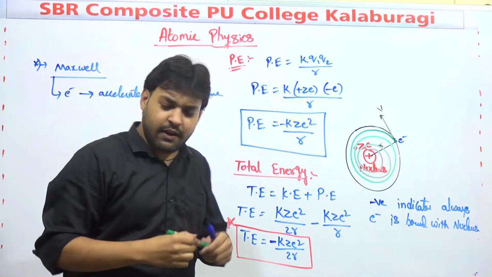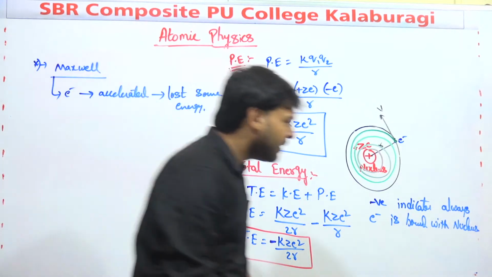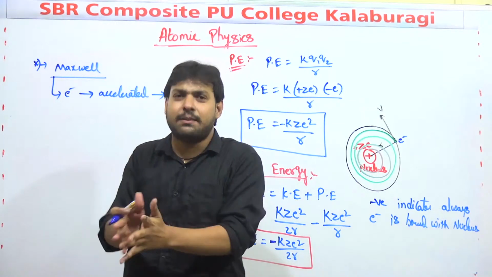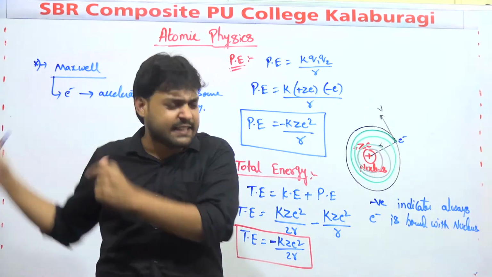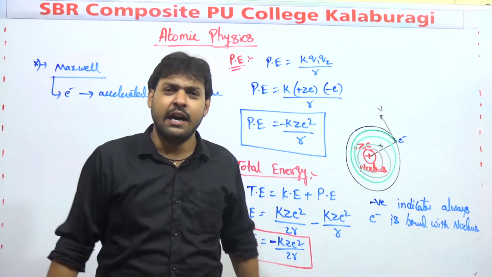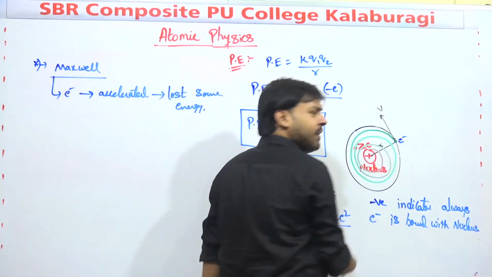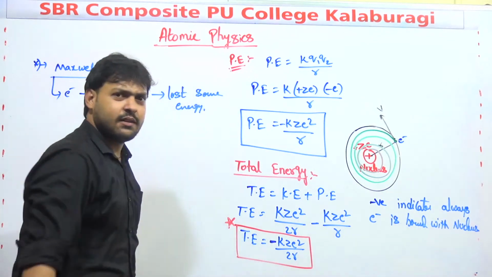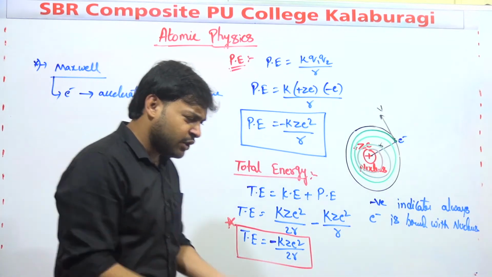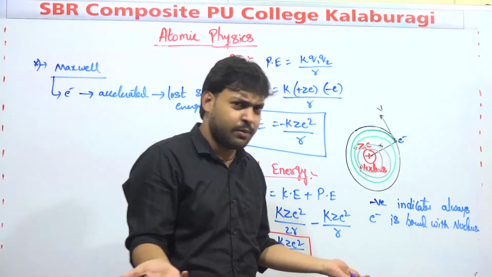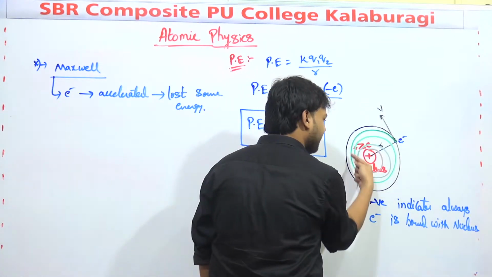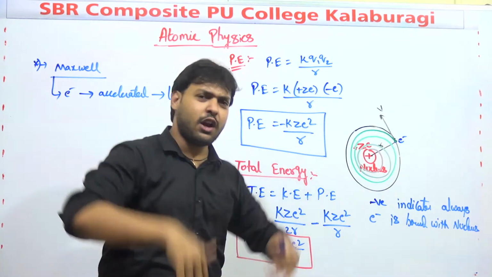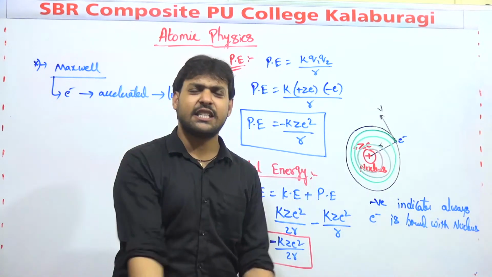So whenever a charged particle, not only the electron, is accelerating, it should lose some energy. If it loses some energy, what should happen? The kinetic energy should decrease, and the potential energy also should change. So it will come closer to the nucleus, and finally it will fall on the nucleus.